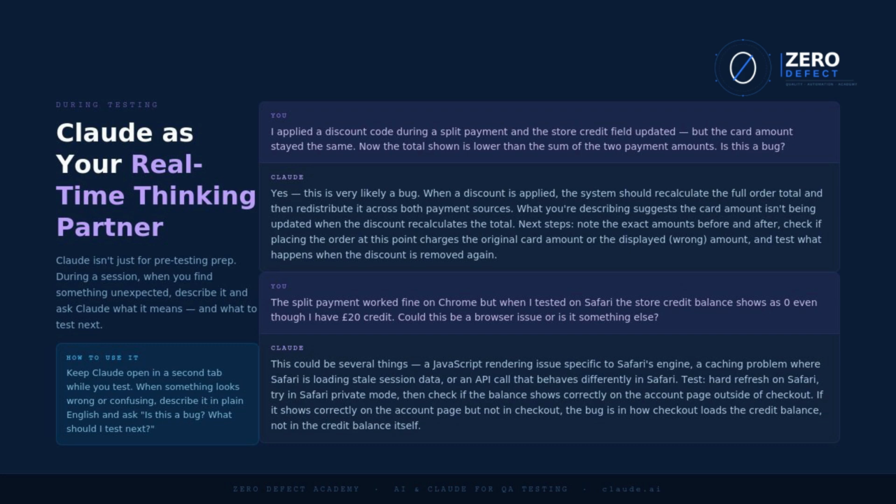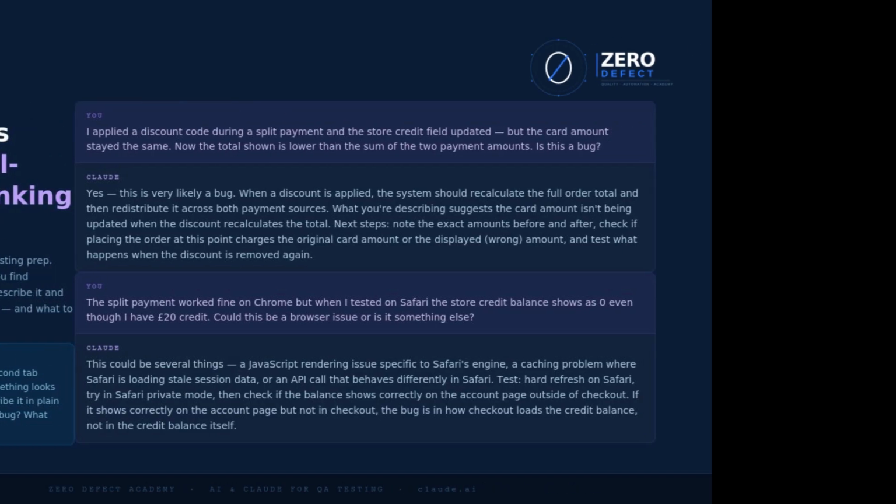The total is now lower than the sum of the 2 payment amounts. They describe it to Claude. Claude confirms it's very likely a bug, explains why. The system should redistribute the total across both payment sources when the discount changes it, and immediately gives you the next 3 tests to run to understand the full scope of the issue. That's the value, not just confirming what you found, but telling you what to test next.